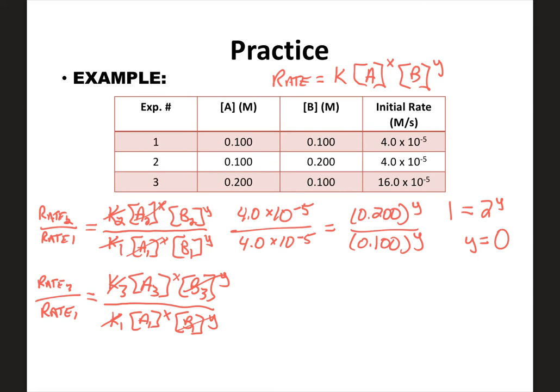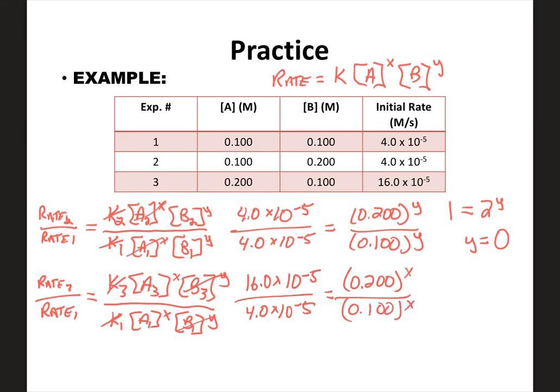So essentially, when I grab the information here, I got 16.0 times 10 to the minus fifth all over 4.0 times 10 to the minus fifth, equal to, remember, you have 3 over 1, so you need the concentration for A from experiment 3 over 1, which is 0.200 to the power of X all over 0.100 to the power of X. So when you do your math, you get 4 equal to 2 to the power of X. Essentially, when you doubled the concentration, the rate quadrupled.